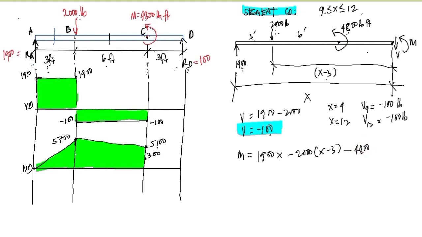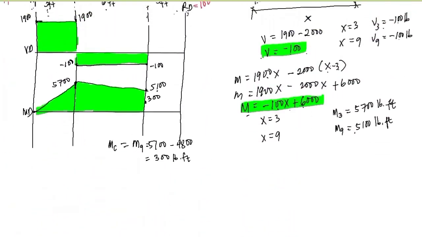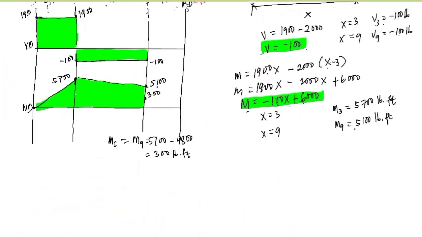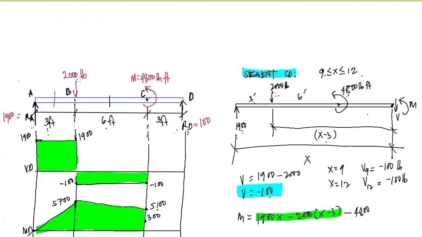Now, if we are going to simplify this, 1,900x minus 2,000 times x minus 3. This is just the equation of the moment for the segment CD. And as you can see here, that's 1,900x minus 2,000 times x minus 3. And if we are going to simplify this, ay pupunta tayo dito sa equation na to, which is negative 100x plus 6,000. So, kukopyahin na lang natin siya.